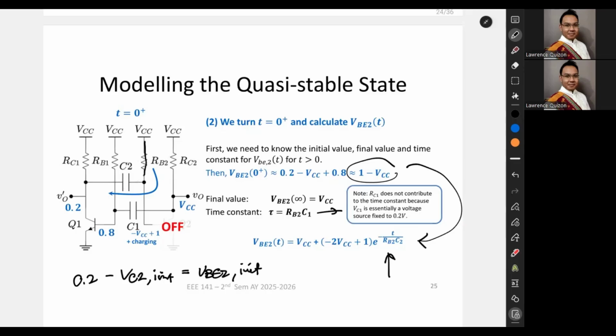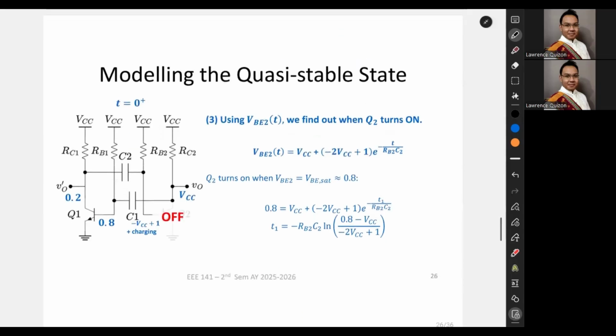So, this is it. Right? And there is no other place for it to get current. Can't get current from here. That's cut off. Right? And this one is a strongly driven node. It's basically a voltage source that says 0.2 because that's an on transistor. It can source and sink any amount of current. Right? So, effectively, it's just RB2, C2. Okay?